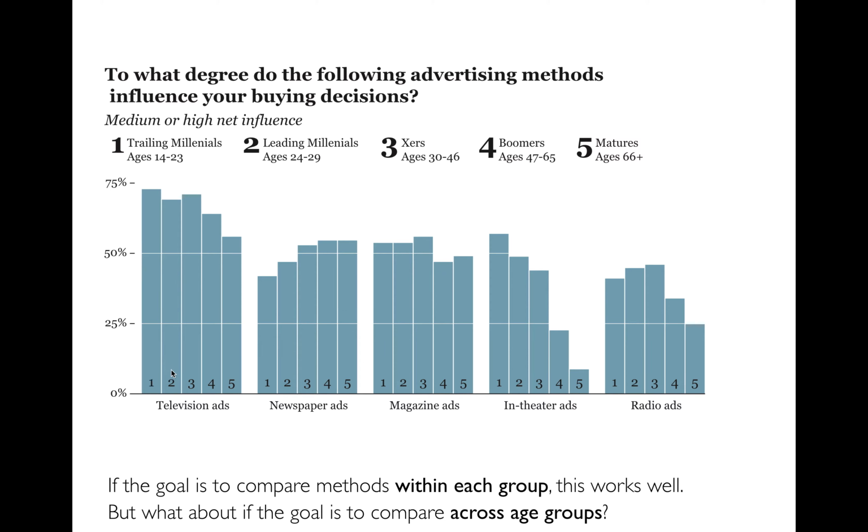So very young people, slightly older, my age, a little bit older, and then much older. So you can see the downward trend, upward trend in newspaper advertisement. Magazines stay the same. Movie theater ads go down dramatically. Radio advertisement goes up until middle age groups and then it goes down. So this highlights the trends across age groups.